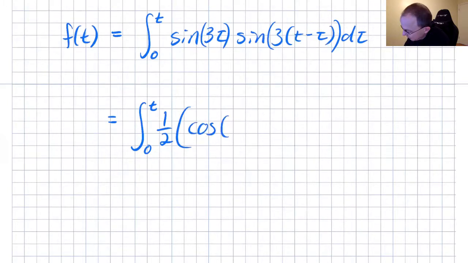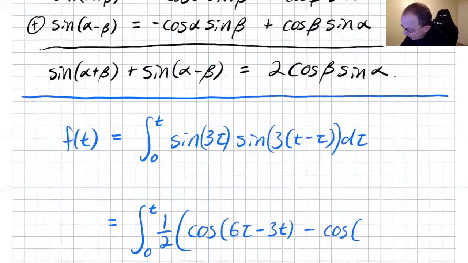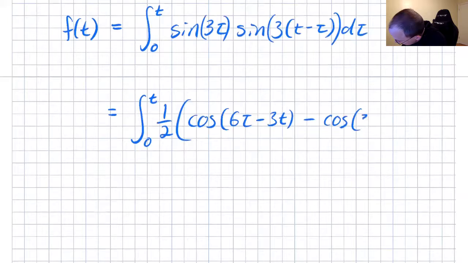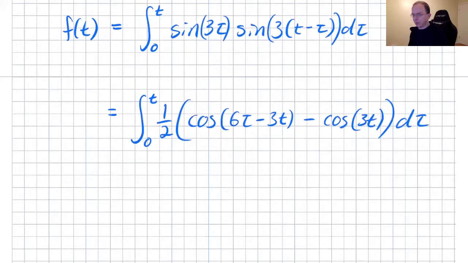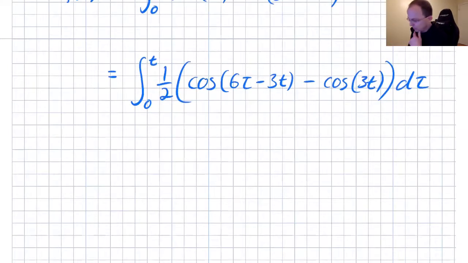So now I'm going to take this minus this, and that will give me 6 tau minus 3t, and then minus cosine of the sum. So now when we add these together, 3 tau plus this, the taus will cancel, and we're just left with 3t. And that will be especially nice to integrate because we're integrating with respect to tau. So that's just a constant. So that's why it's so nice to integrate that.